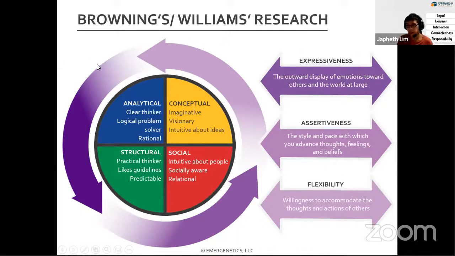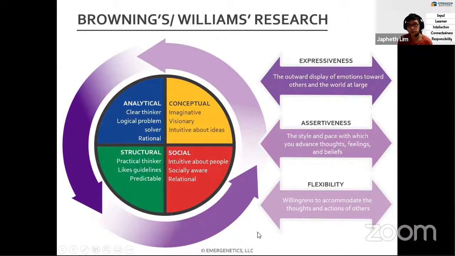Unlike some other tools where behaviors and thinking preferences are mixed into the same domain, Emergenetics is very clear about what is behavioral attributes versus what is thinking styles. That's the separation.